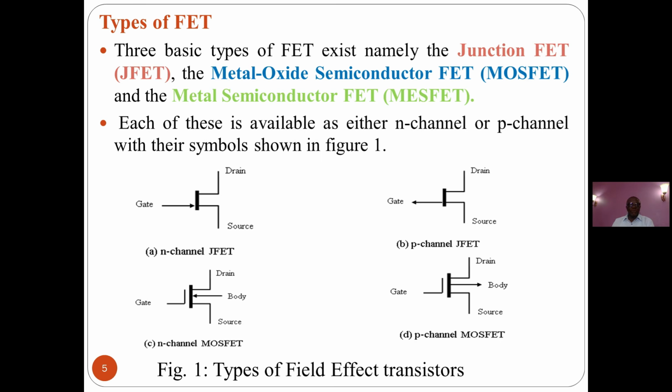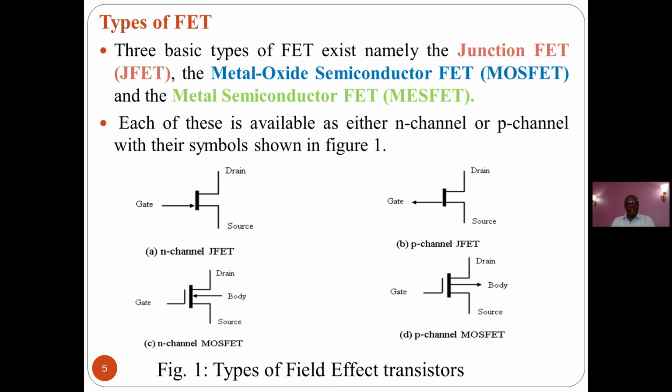I want you to look closely at Fig 1A and Fig 1B and convince yourself that you know the difference, because that is the symbol you will be seeing in your circuit diagrams. The difference in the symbol is that for the N-channel JFET, the arrow at the gate is pointing to the junction, while in the P-channel field effect transistor, the arrow of the gate is pointing out of the junction.